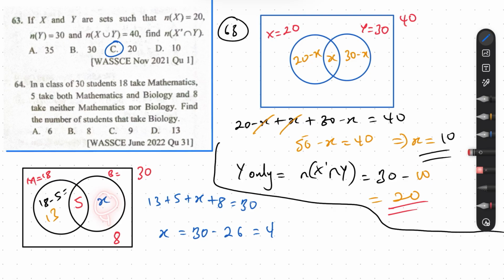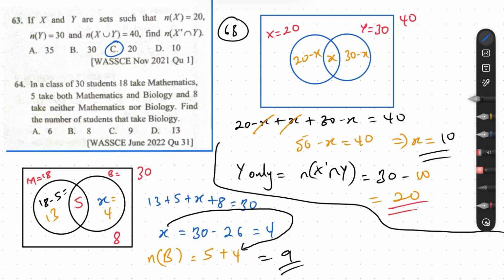If we replace it, that means biology will be equal to what? 5 plus 4, which is the x value. So that will give us 9. So our answer is 9. C.